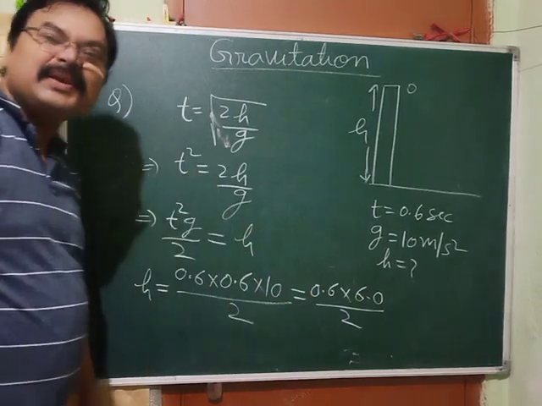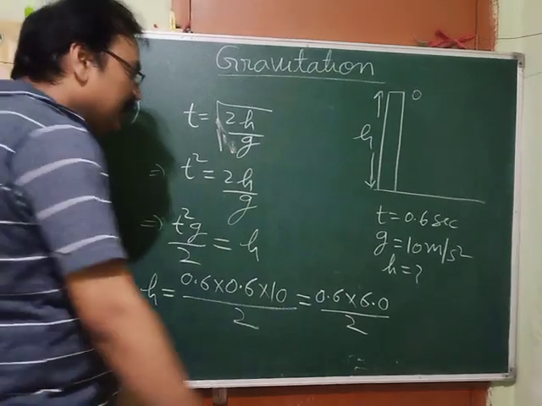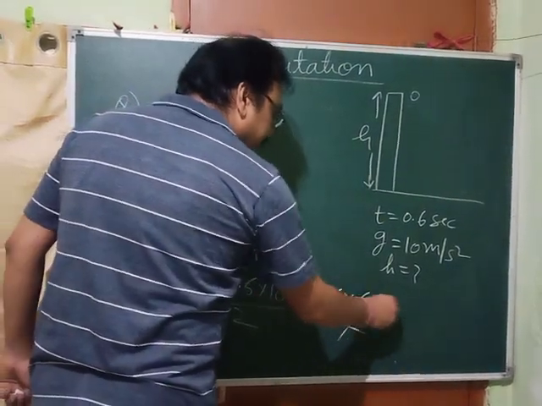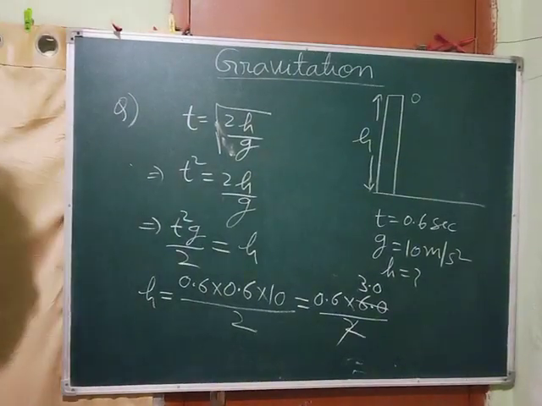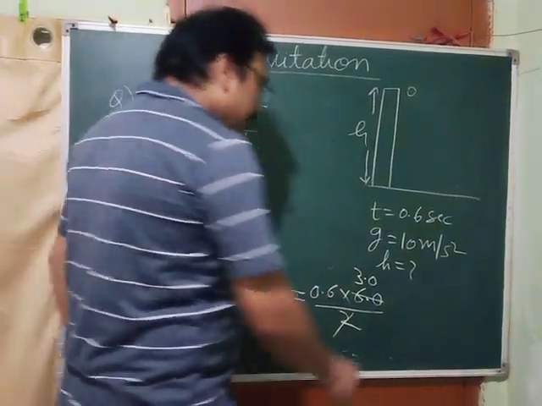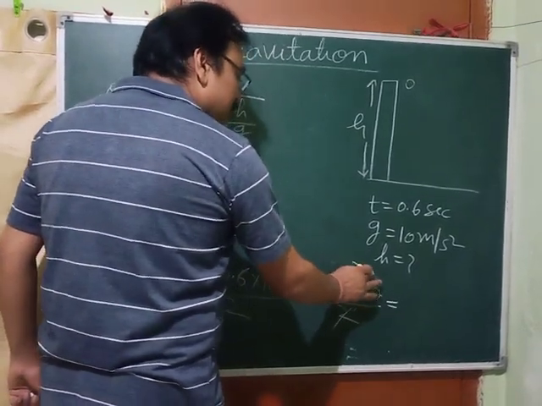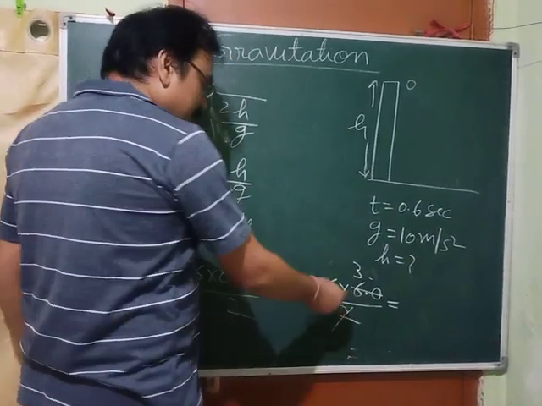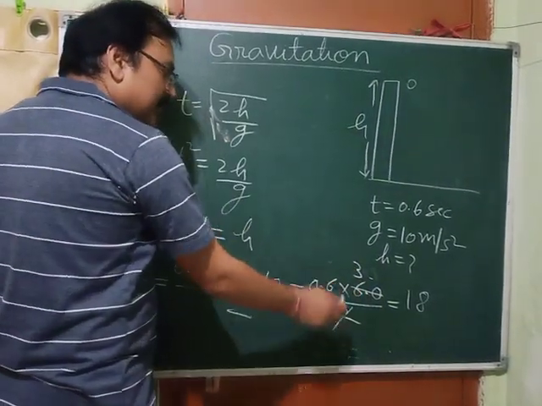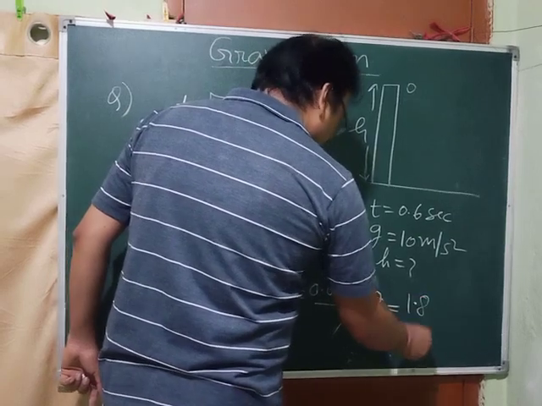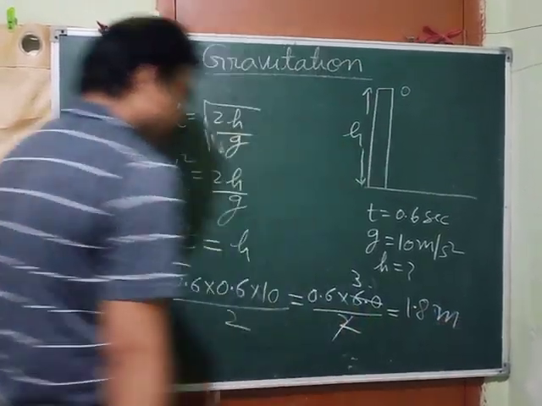Now 6.0 means 6 only. Now it cancels by 2, 3 twos are 6, so you will get 3.0. You can remove this decimal, 3.0 means 3. 3 sixes are 18. Decimal is after one place, so what you will get? 1.8 meter. That's your answer.